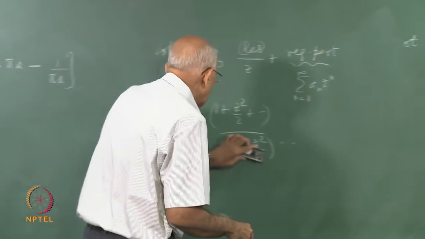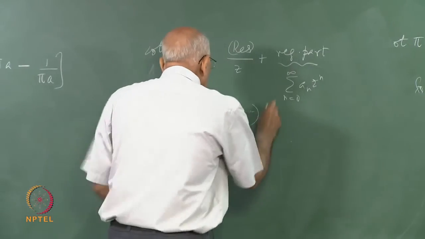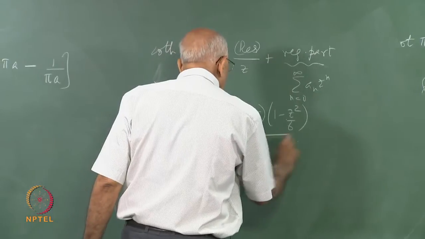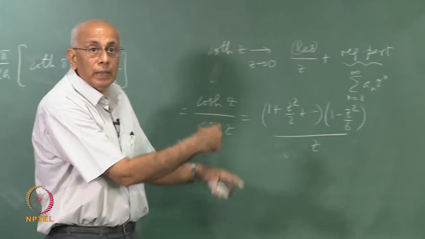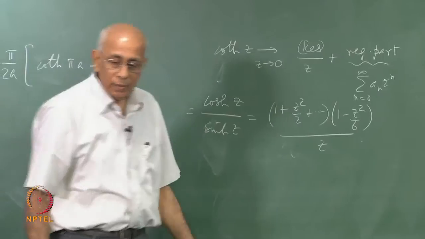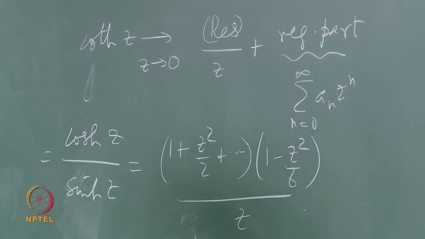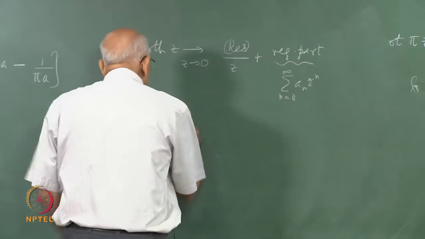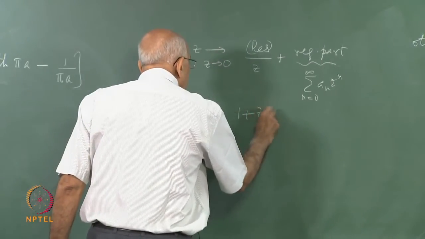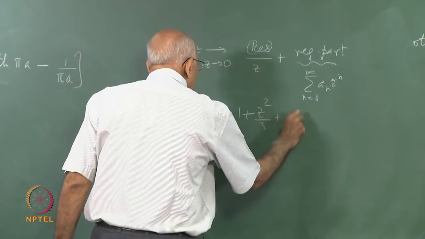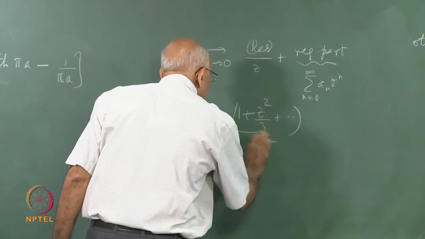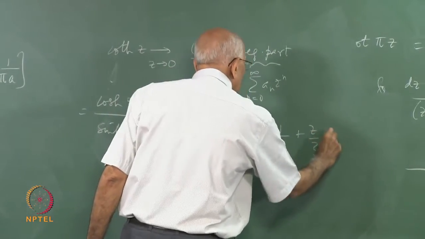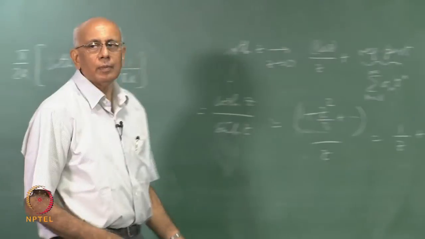So, this thing you take upstairs and it becomes 1 minus z squared over 6. And now you combine these two, all you have to do is add half and subtract 1/6, and that is equal to 1/3. So, the whole thing goes like 1 plus z squared over 3 plus dot dot dot divided by z, which is equal to 1 over z plus z over 3 plus higher order terms. So, the leading term is z over 3.